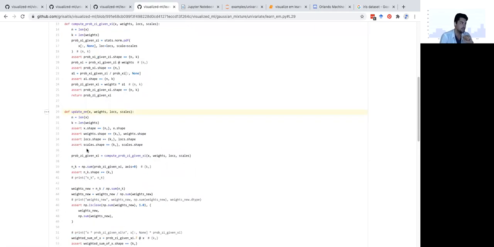And the way that the weights are computed, I'm not going to go into the background math. You might be wondering, okay, we are computing these probabilistic assignments, and then we're updating the parameters in this particular way. Why are we doing this?